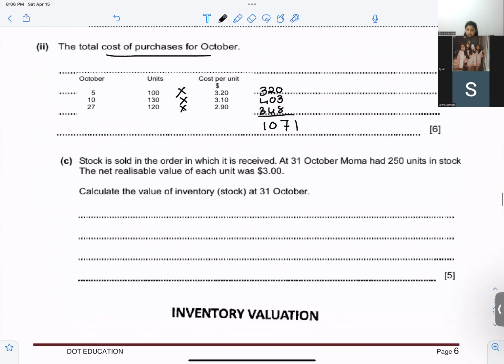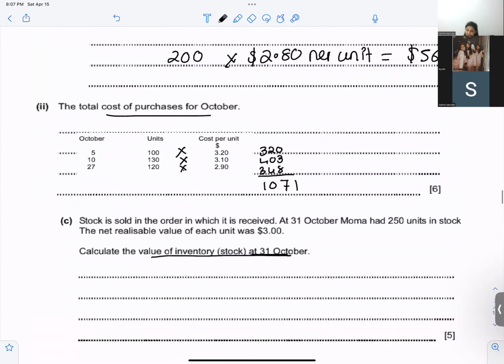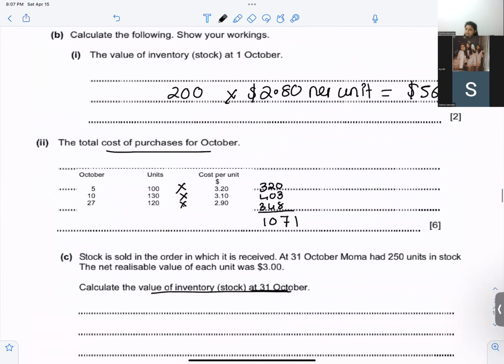Okay, fine. Now you have to calculate the value of the inventory on 31st of October. On the last day, you had 250 units of stock and the NRV was $3.